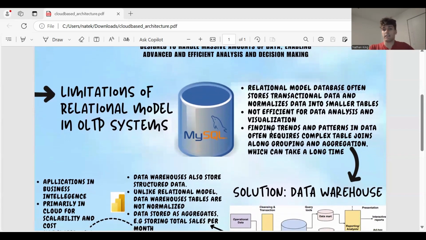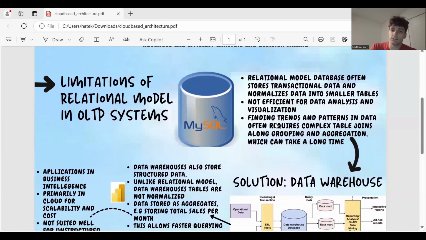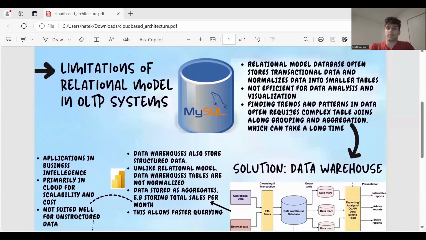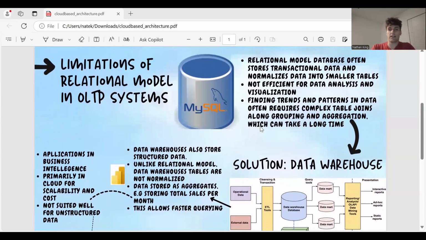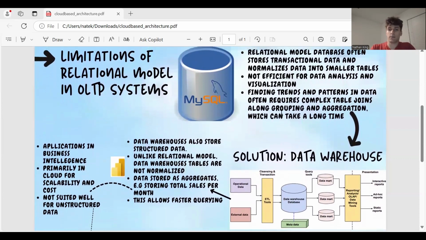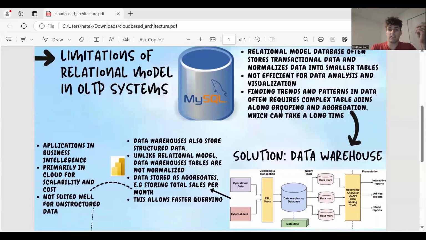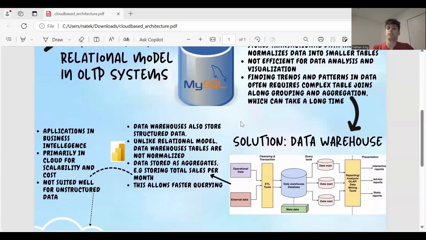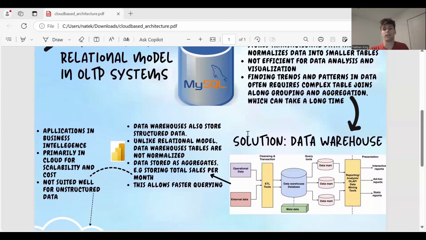So these are not as efficient for data analysis and visualization in business intelligence because finding trends and patterns through data, like over time, they often require table joins and some sort of aggregation, like sum or average. And when you start working with truly huge amounts of data, these joins and aggregations can take a very long time. So these are not specifically efficient for this task.